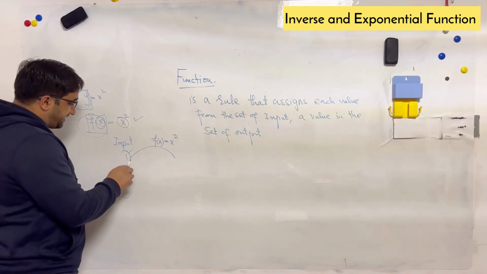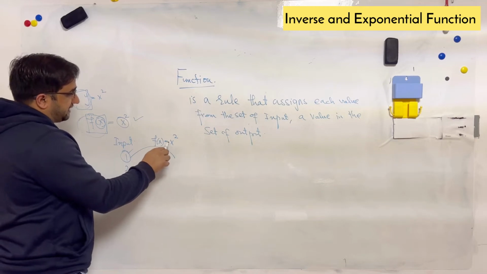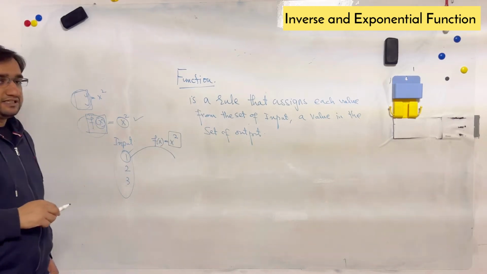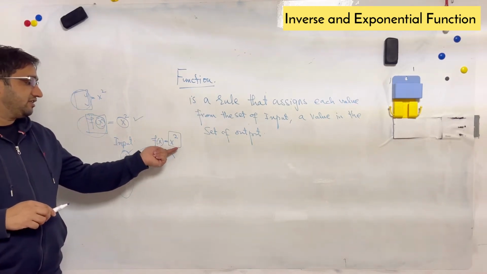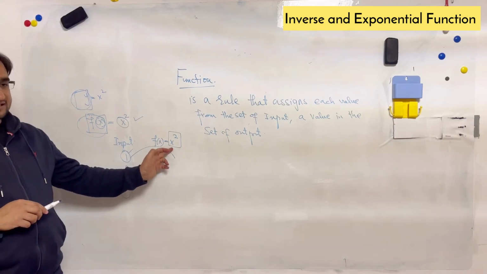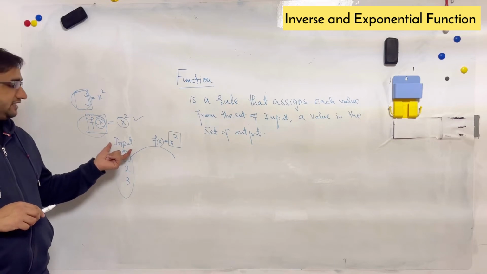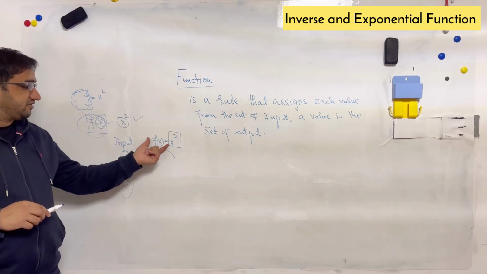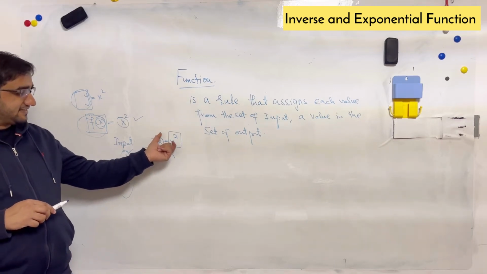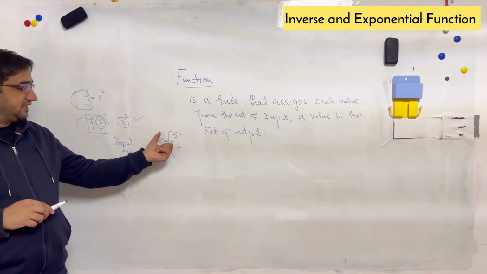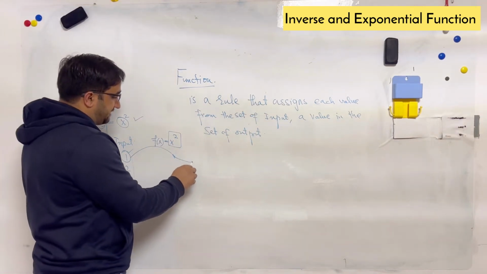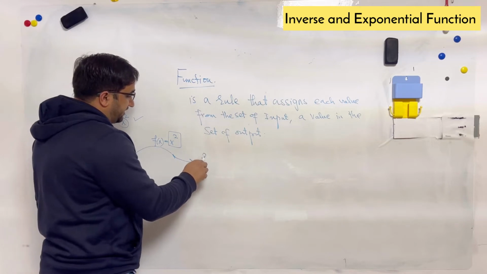So when I process this 1 through the function, the function is this rule. The function is a rule, and the rule is written on the right side, that whatever value you are taking from the input, pass this value through the function, and the function says yes, I will make it a square, and then on the right you will get the output, that is 1 square.